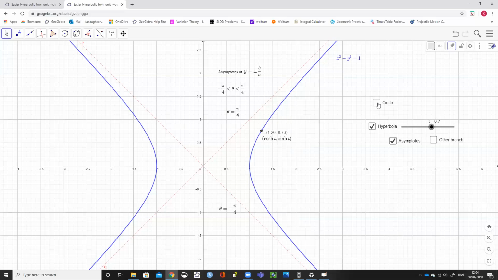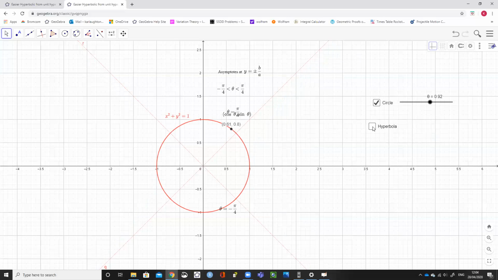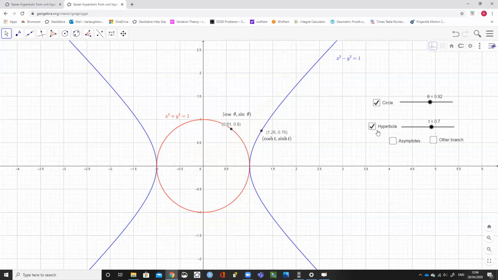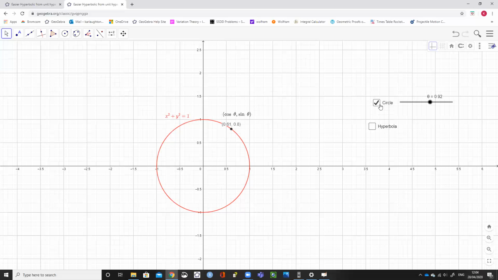So in the previous example, let's go back to the circle. What we said was, I can describe anywhere on the circle by the parameter theta, and the point is cosine theta, sine theta. It so happens that theta is the angle.